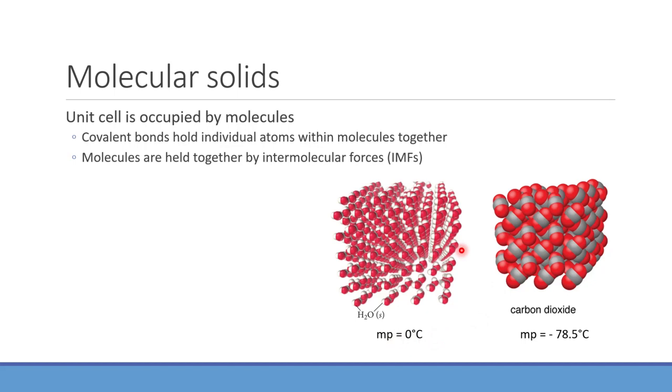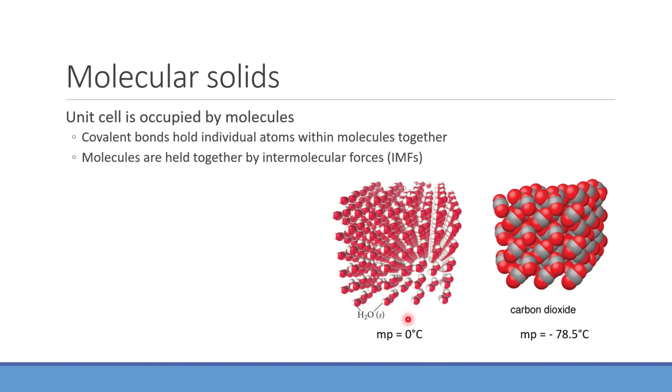And so the reason for this is the type of intermolecular force that holds these together. The intermolecular forces that hold water molecules in their crystalline structure in a cube of ice are hydrogen bonds, which are much stronger than the dispersion forces that hold together nonpolar carbon dioxide molecules.